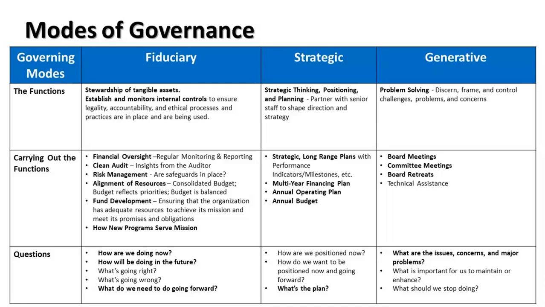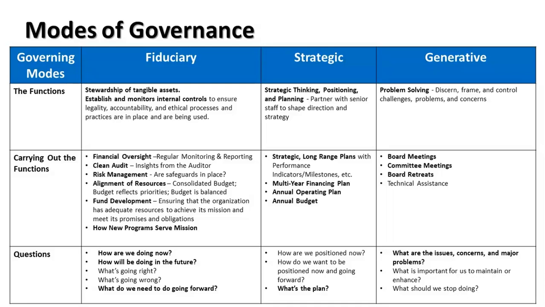So when we look at our financials, we don't want to just report out numbers. We want to know, what's that telling us about our condition? What's it telling us about our future? And then we want to think strategically, how do we want to be positioned in light of those resources? So even when we are in the fiduciary mode, we're thinking strategically.